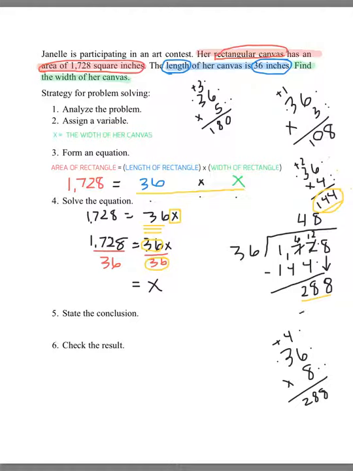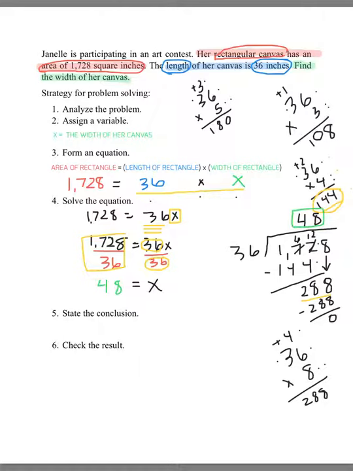And as we saw, when we multiply 36 by 8, we end up with 288 and a remainder of 0. So 172 divided by 36 is equal to 48. And there we go.